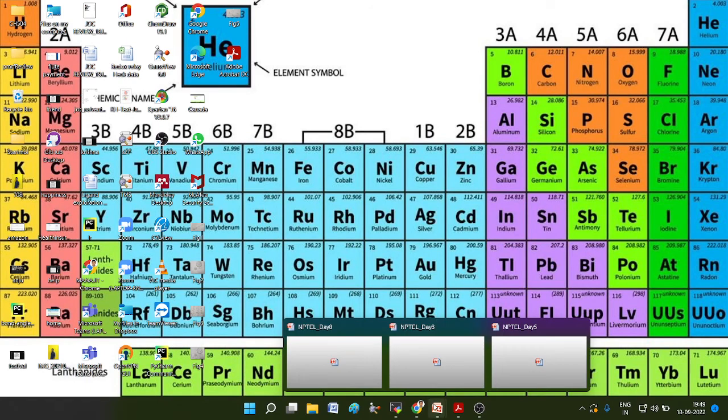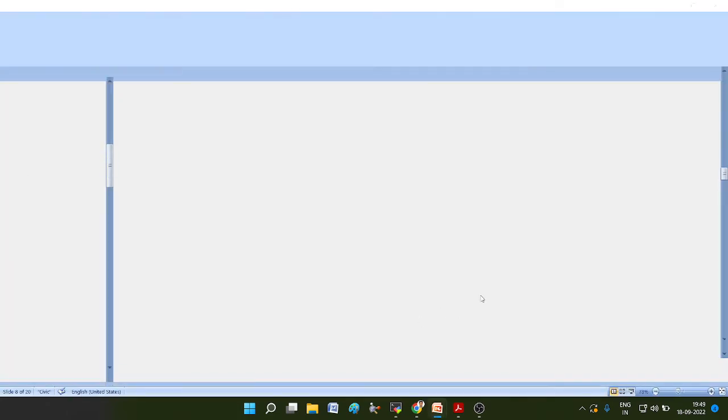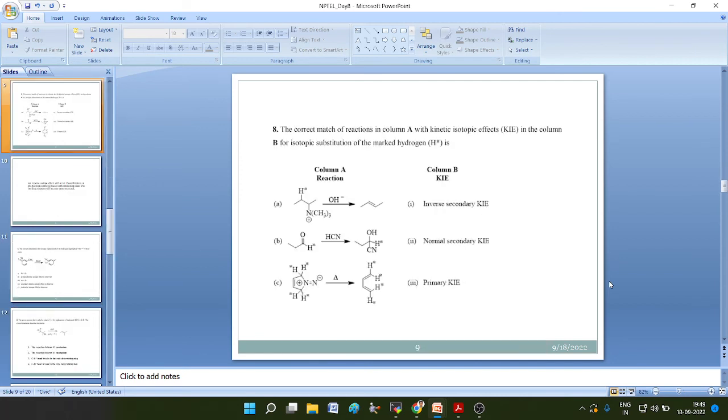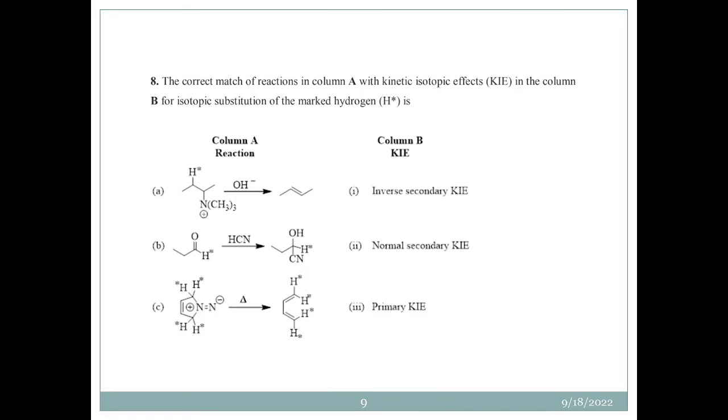Okay, now let's move ahead. It's 50. I have 10 minutes more and one more question. And again, a question similar to kinetic isotope effect. It's a simple one. I'm giving you some time, just make sure you answer it properly.